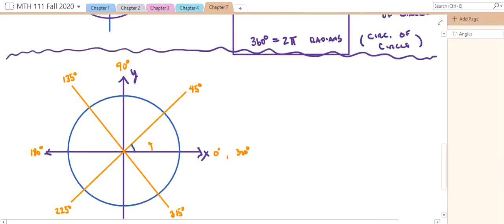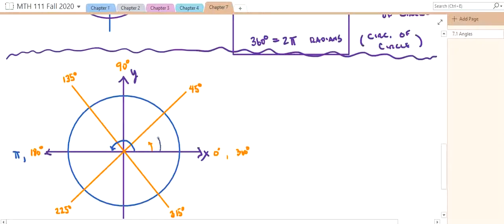Alright, so now think about this. If I were to take an angle that goes all the way over to here, that's 180 degrees. But we know that that was equal to pi radians. But we see we split this up into 4 equal angles. So pi divided by 4 is the number of radians in 45 degrees.